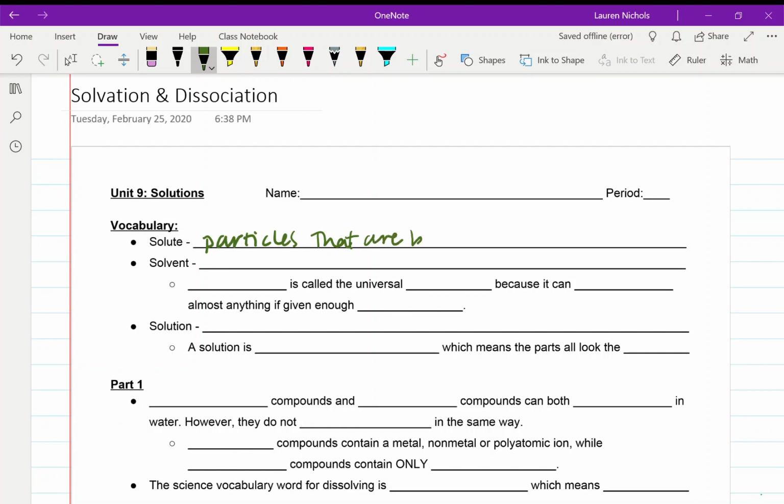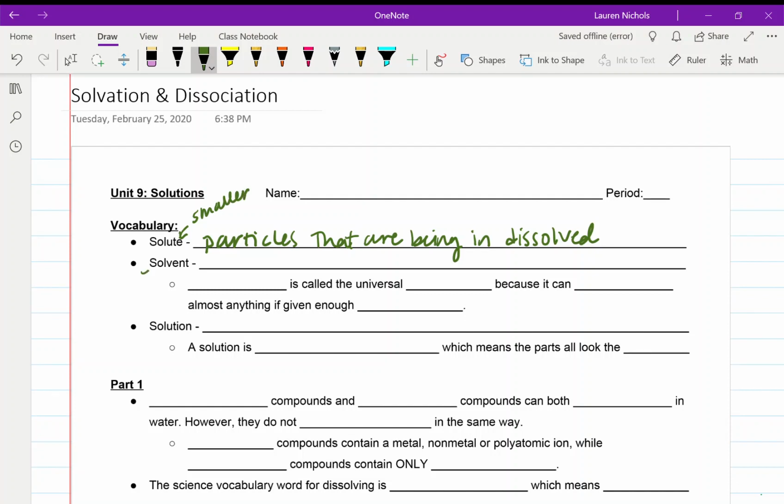Solute is the particles that are being dissolved. So this would be like sugar in Kool-Aid, or it could be how salt is mixed with water to create salt water. But the main thing that I want you to understand is that the solute is always going to be your smaller amount, okay?